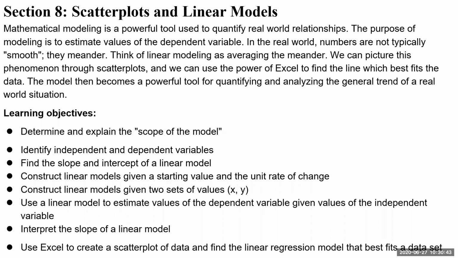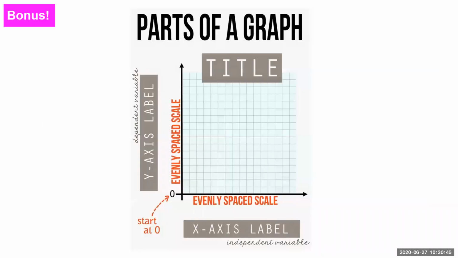All right, so let's get into this. You may have seen a graph before at this point. When I draw something like that, we call this the x-axis and we call that the y-axis. Now, we are going to give them other names.